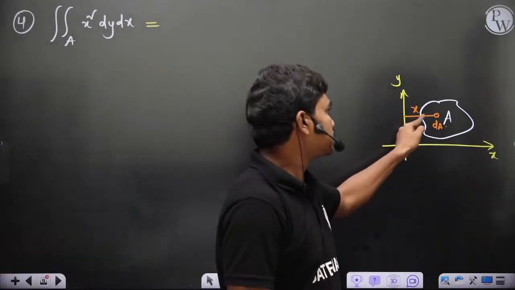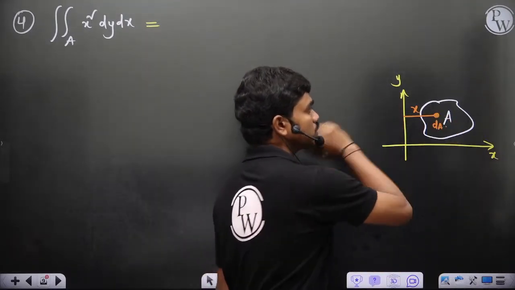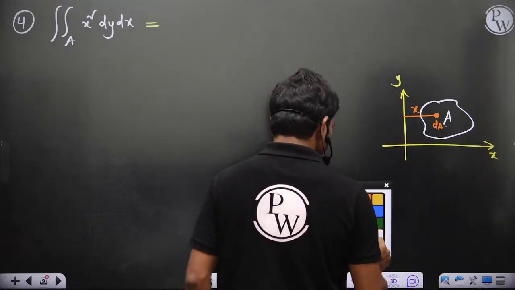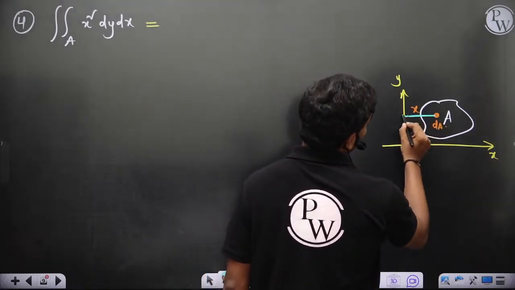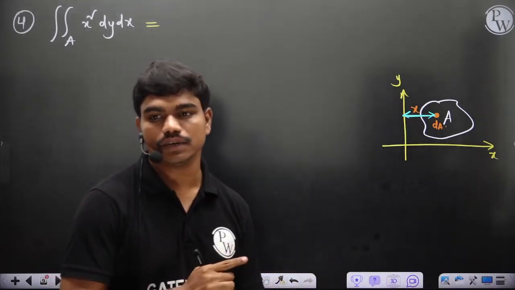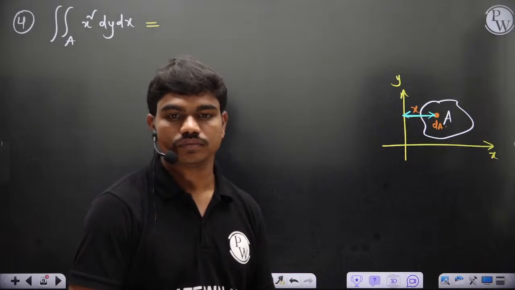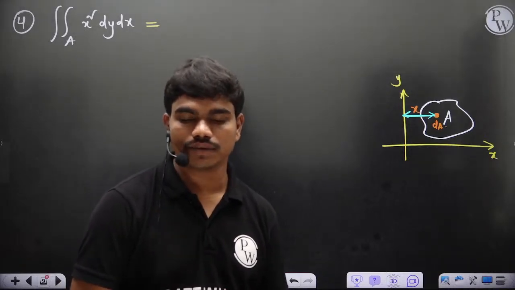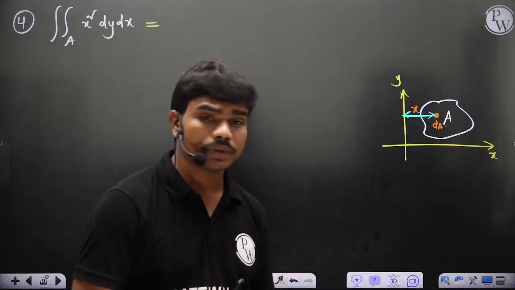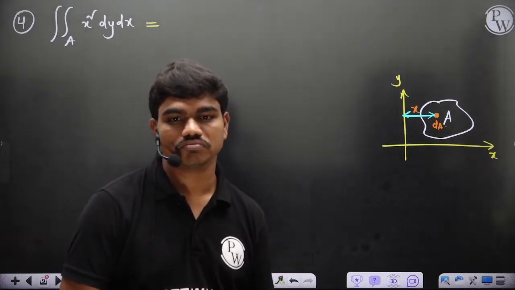With respect to the y-axis, the distance of this small elemental area dA is x. So if that distance is x, then what does integral x square dA give you? Come on, type it in the chat box. Any idea? No idea?